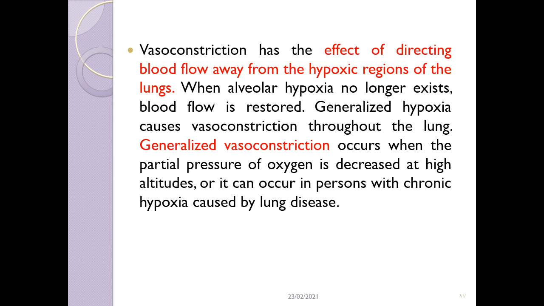So, generalized hypoxia can cause a generalized vasoconstriction, and this occurs when the partial pressure of oxygen decreases at high altitude or in a patient with a chronic lung disease, and this will affect normal respiration.